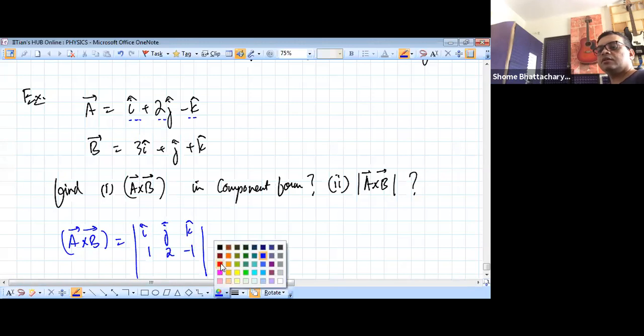And the third row will become this B vector's components, which are 3, 1, and 1. Okay. Then further you break this up.